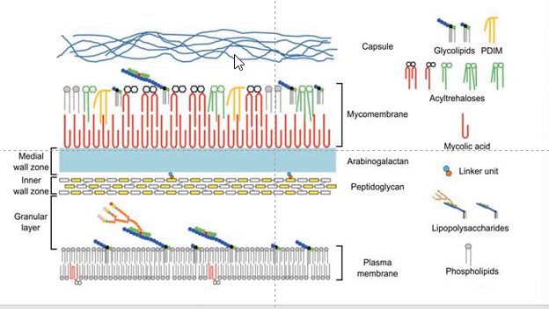Water would tend to move into the cell, and the cell will eventually accumulate so much water in the TB, Mycobacterium tuberculosis, and eventually cause what's called cell lysis, and kill the TB bacteria. That only occurs when this arabinogalactan synthesis is suppressed or stopped.